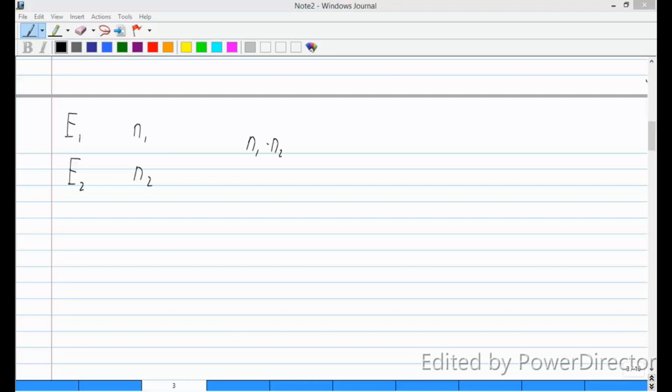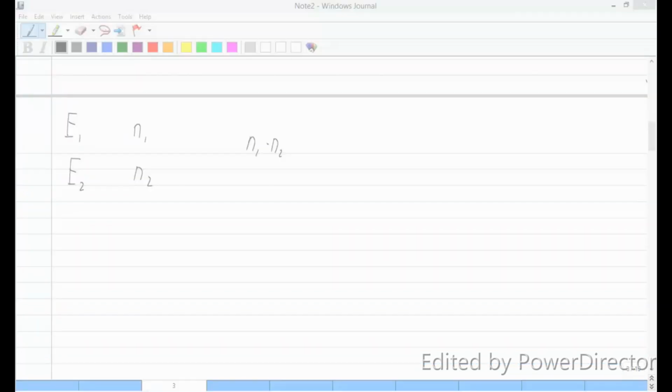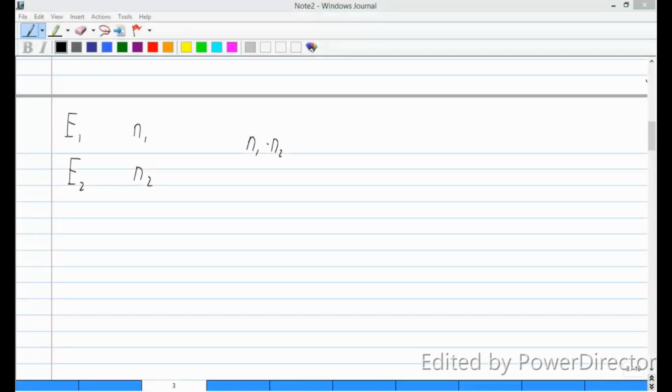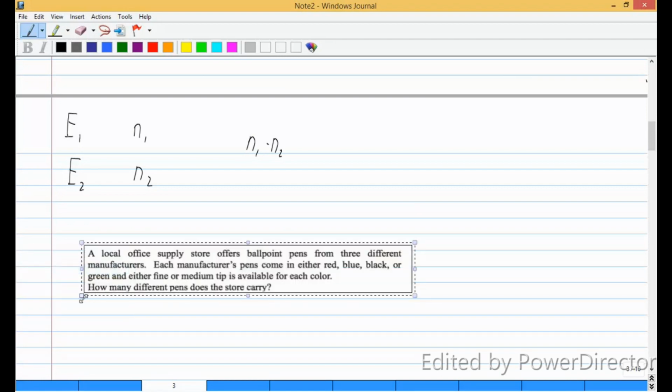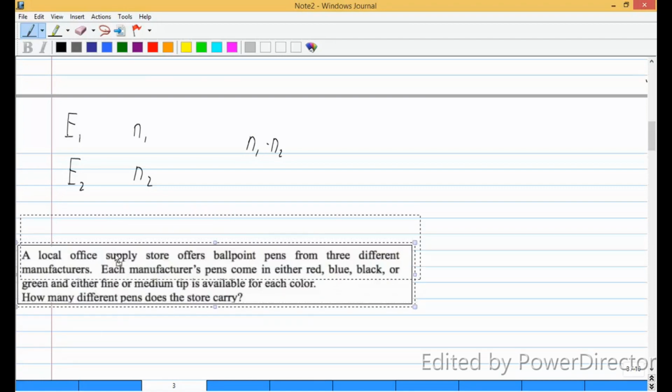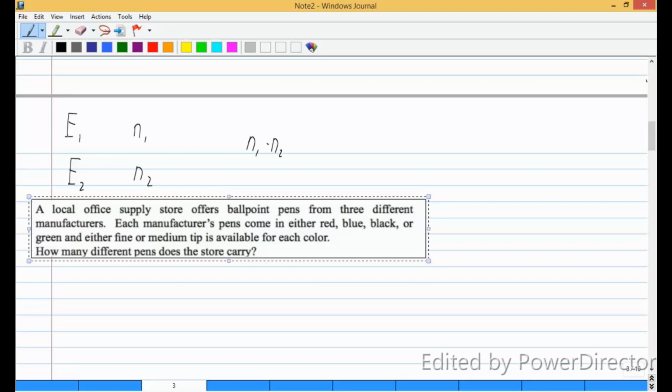All right. So we have different colored pens, and then each pen can come in either fine or medium tip. The way that we could figure out how many the store carries: it also says that we have 3 different manufacturers.